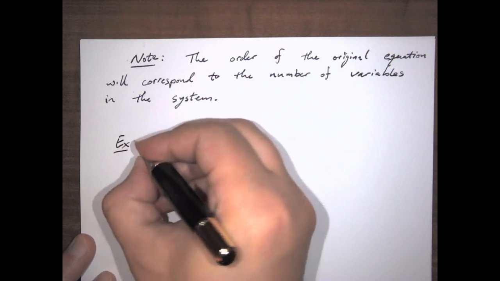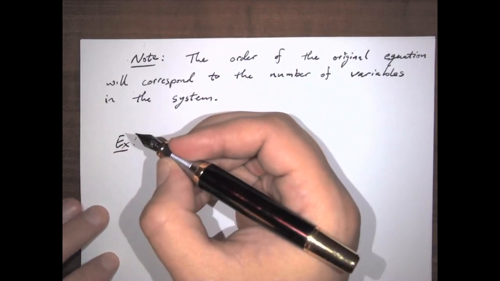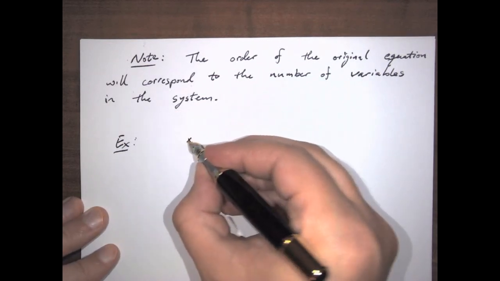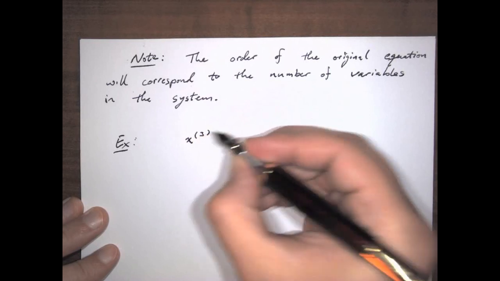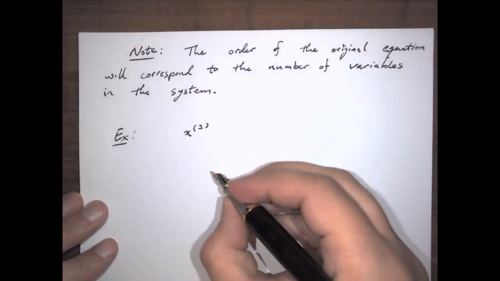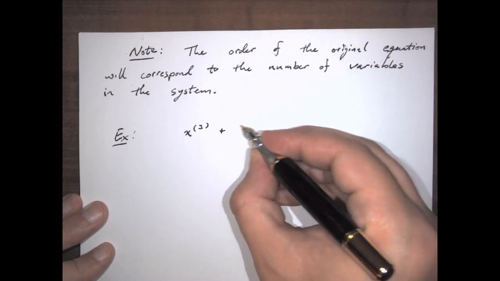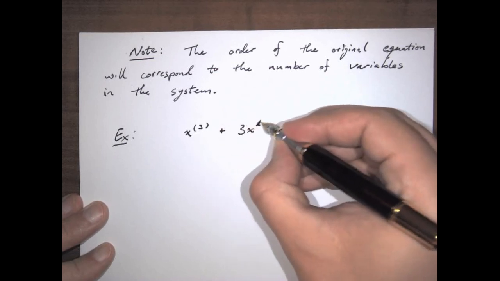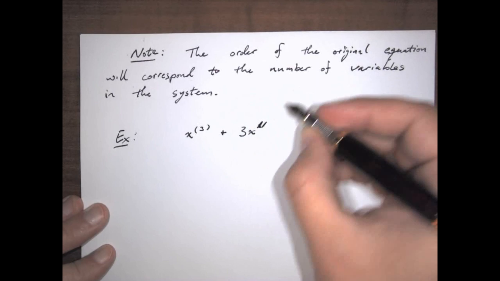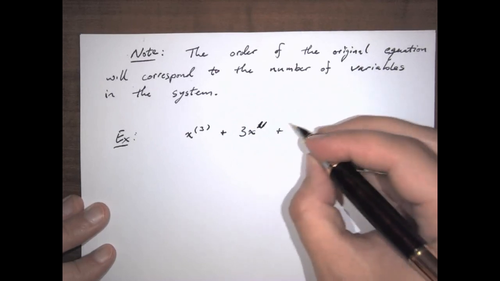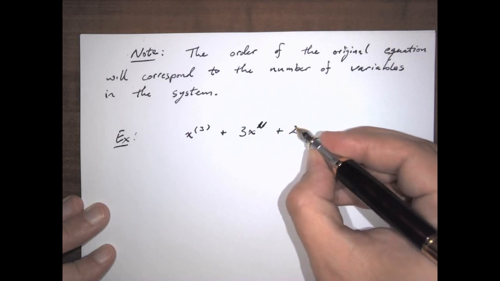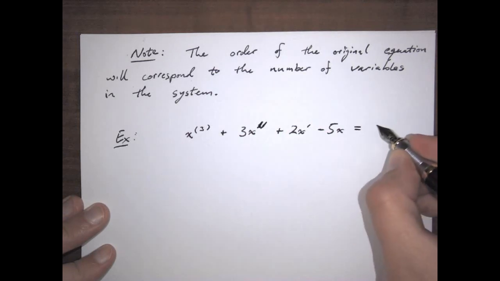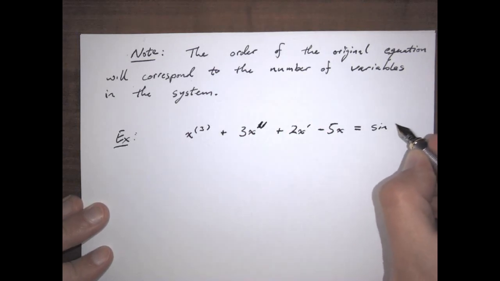Alright, let's try this again with something like this. Another example, let's take the equation x triple prime plus 3x double prime plus 2x prime minus 5x equals sine 2t.